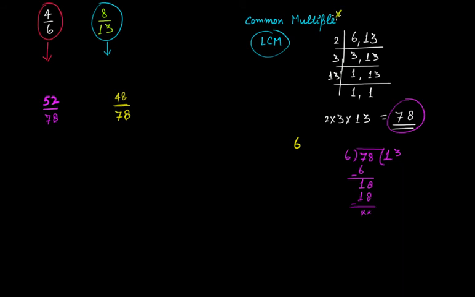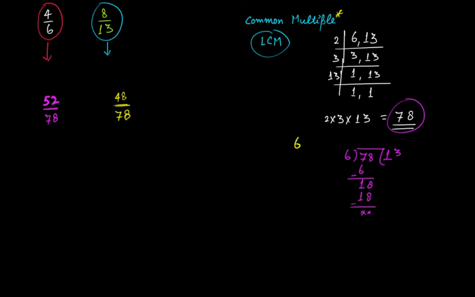Any common multiple can do the work, but finding the LCM will save our time because it will shorten our calculation. If you find the LCM of 6 and 13, it will give you 78. Now, in order to have an equivalent fraction having denominator 78, you have to multiply 6 by 13. Since you are multiplying 6 by 13, you will also multiply the numerator, that is 4, by 13. This will give you an equivalent fraction, and similarly you will do in this case.